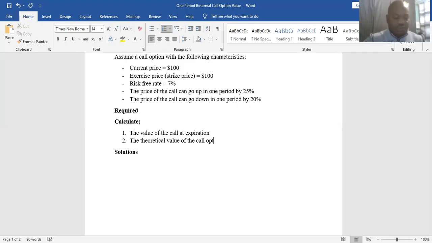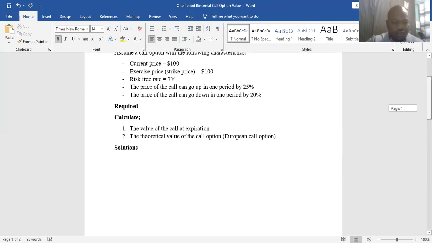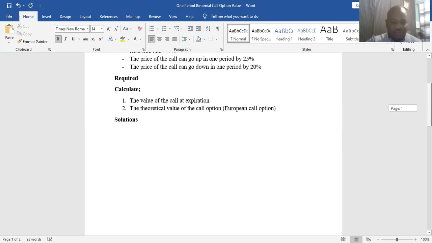The assumption under this call option is that it's a European call option. Let me demonstrate how we calculate the value of the call option at expiration.